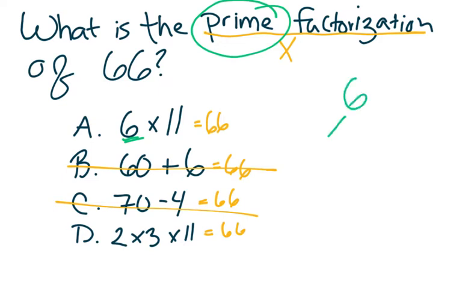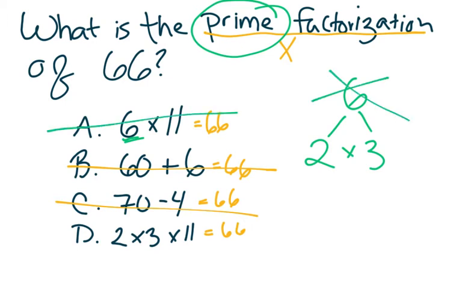I can continue to break that down into 2 times 3. So 6 is not prime. That is why A is not the answer. 2 times 3, that equals 6. Those are the prime factors of 6. Times 11 equals 66. So when I'm looking for prime factorization, I need to make sure that all the numbers in my multiplication sentence are prime numbers.